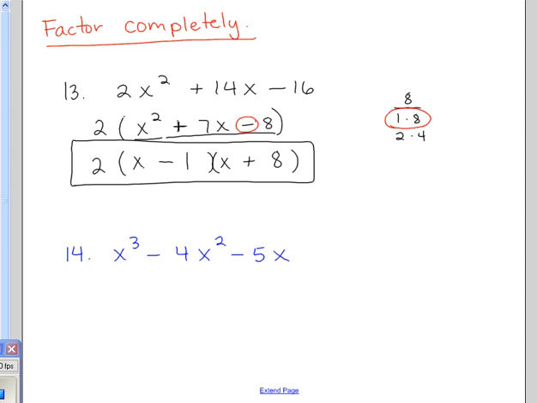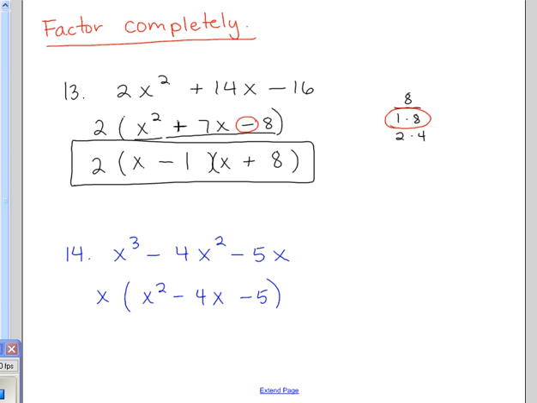Number 14. x cubed minus 4x squared minus 5x. There is a GCF. I could take out an x, which will leave me with x squared minus 4x minus 5.